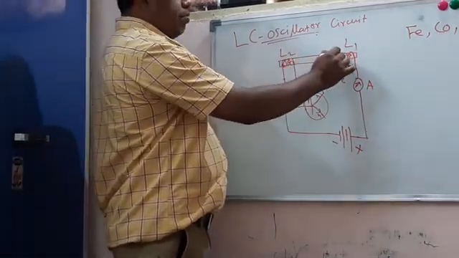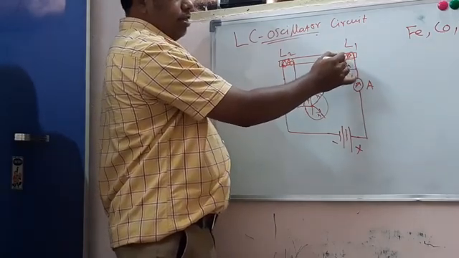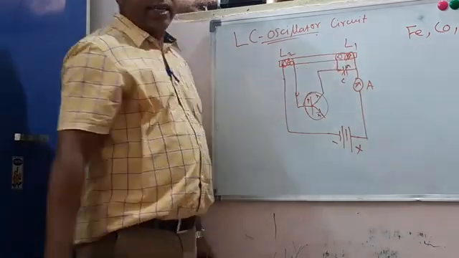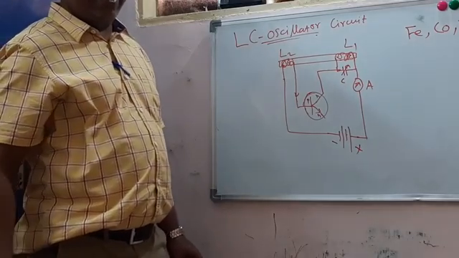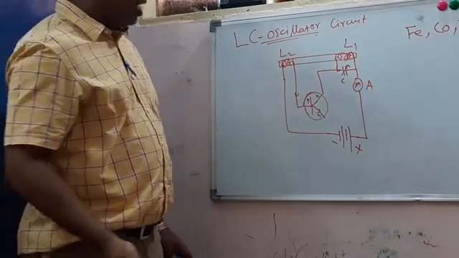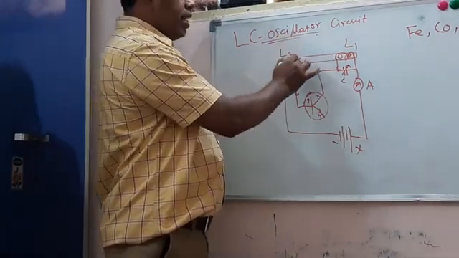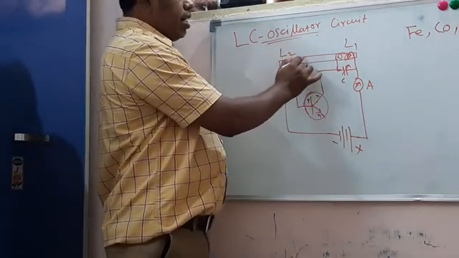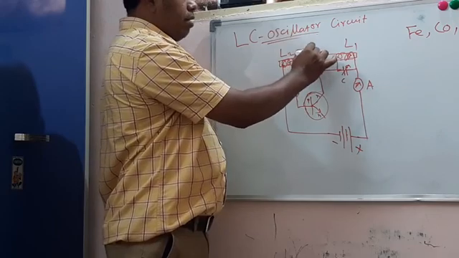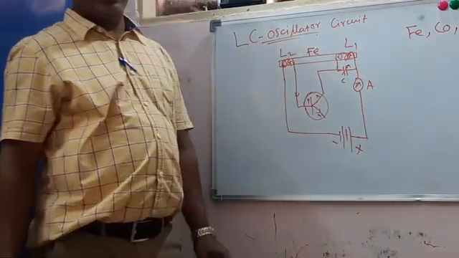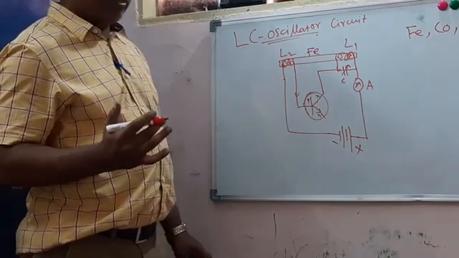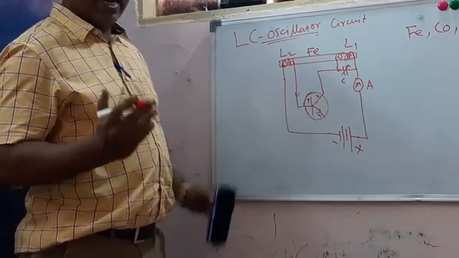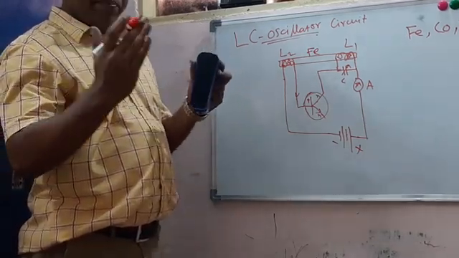So in this way, because of the changing electrical signal, magnetization takes place at different magnitudes as well as in different directions, and because of that magnetization, this ferromagnetic rod, Fe, undergoes magnetostriction. Magnetostriction means stretching and compression.